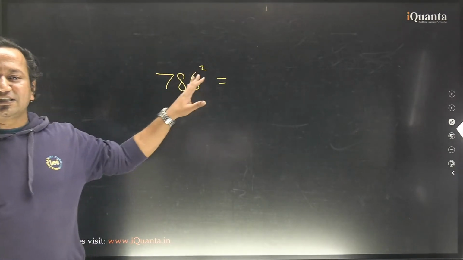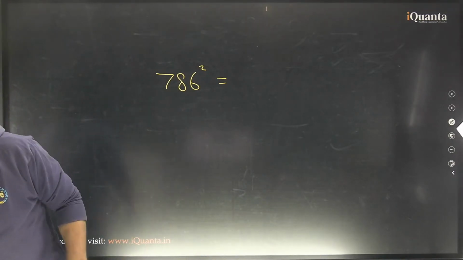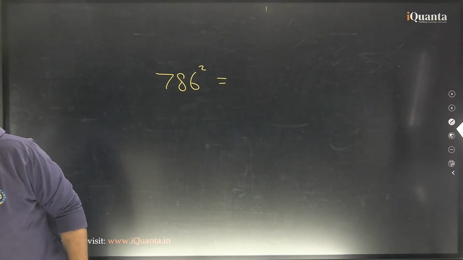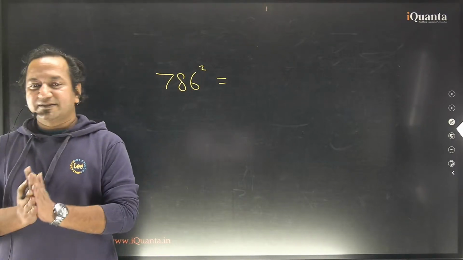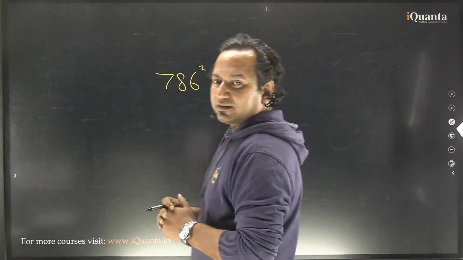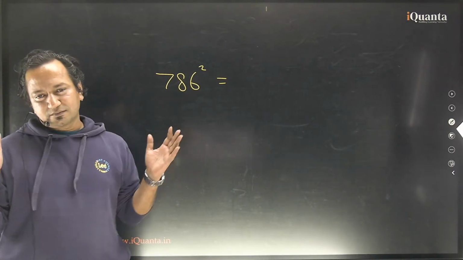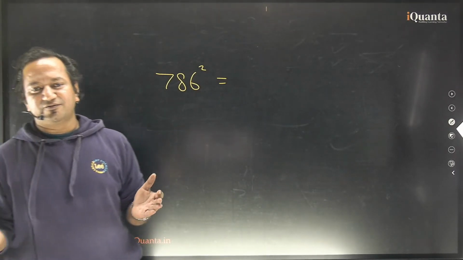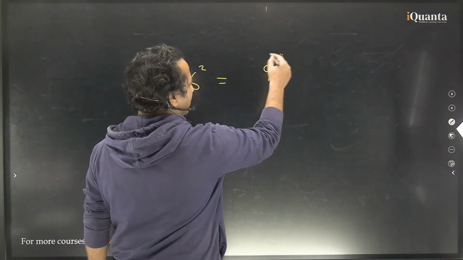What will be the last two digits? Exactly. This will be 96. Vivek, not 56. 786 का nearest base is 800. 800 से 14 कम है. 14 का square is 196. So last digits will be 96. Okay, so far so good.